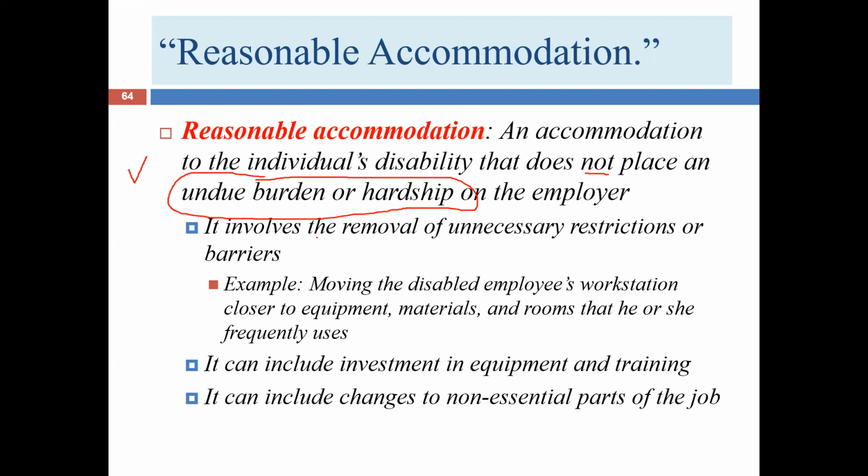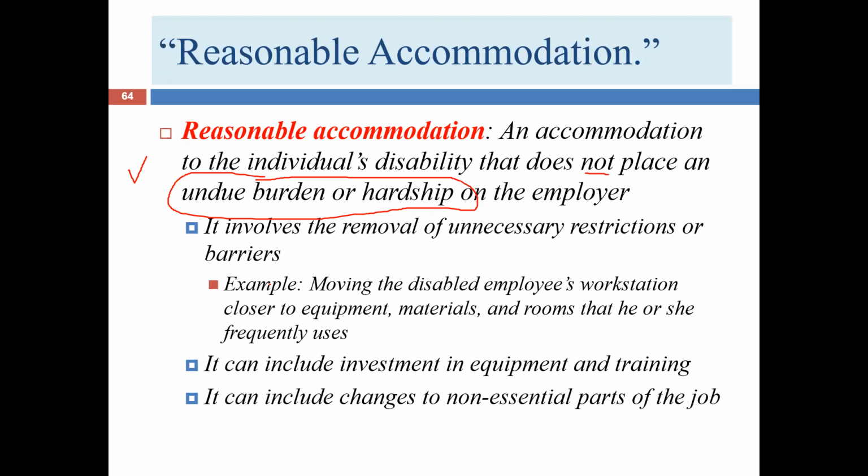Many times this involves simply removing barriers that exist. They weren't necessarily intentional barriers, but they existed because they hadn't previously had a disabled person there. So imagine that I'm a secretary and I am a wheelchair user. Files may need to be moved to a lower location. I may need a bigger office so that I can maneuver around.